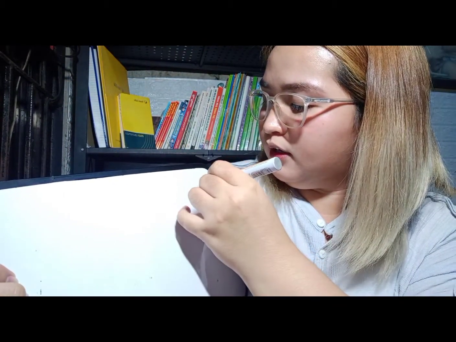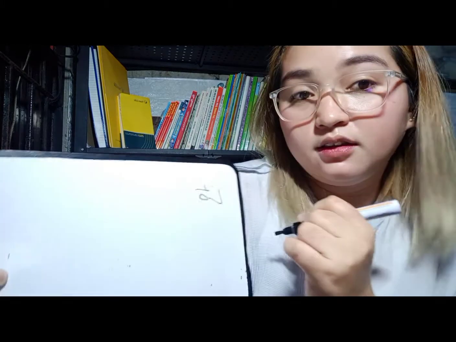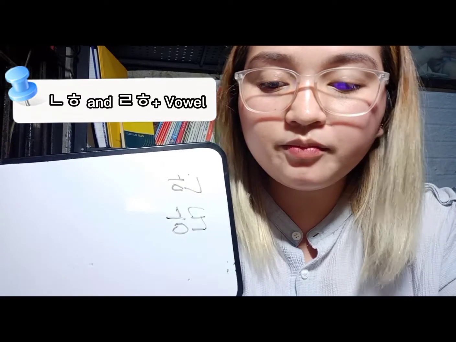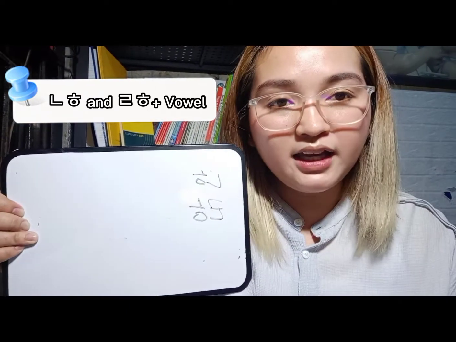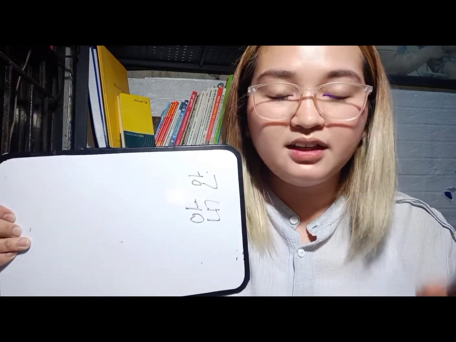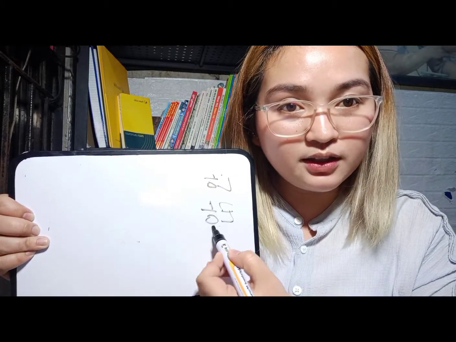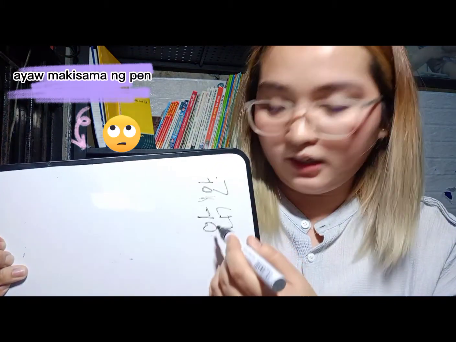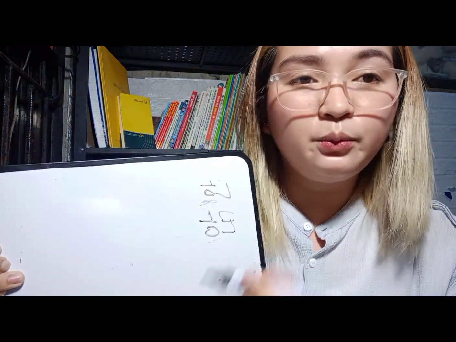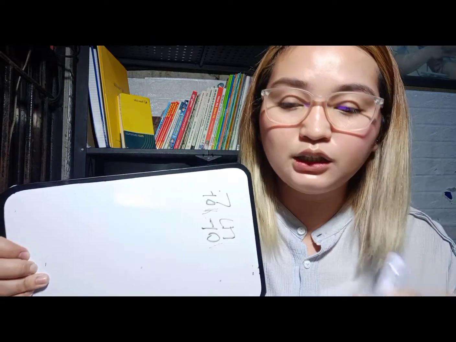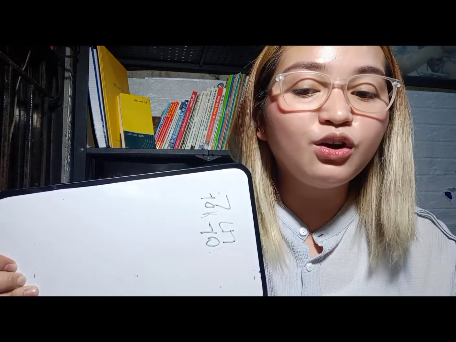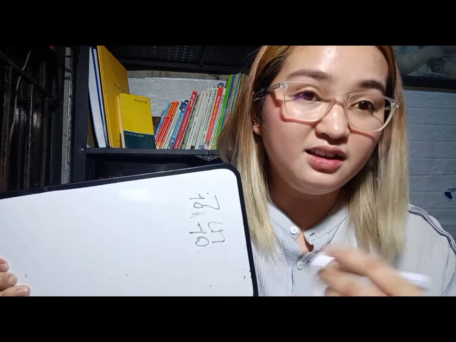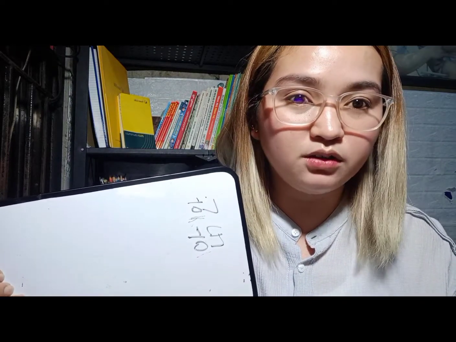When Nian Hit and Lil Hit are followed by a vowel, Hit will become a silent letter. And the final consonant Nian and Lil will also become the initial consonant of the next syllable.